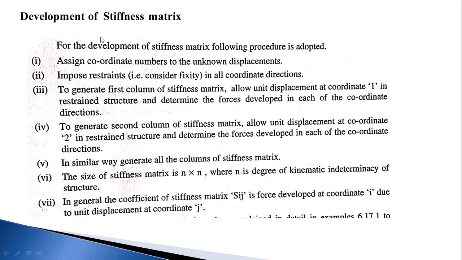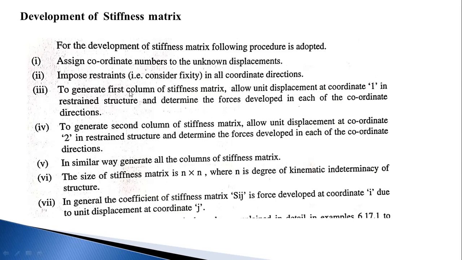Then, development of the stiffness matrix. For the development of the stiffness matrix, the following procedure is adopted. First, assign coordinate numbers to the unknown displacements. Second, impose restraint, that is, consider fixity in all coordinate directions, that is, you consider a fixed beam for each part of the beam.